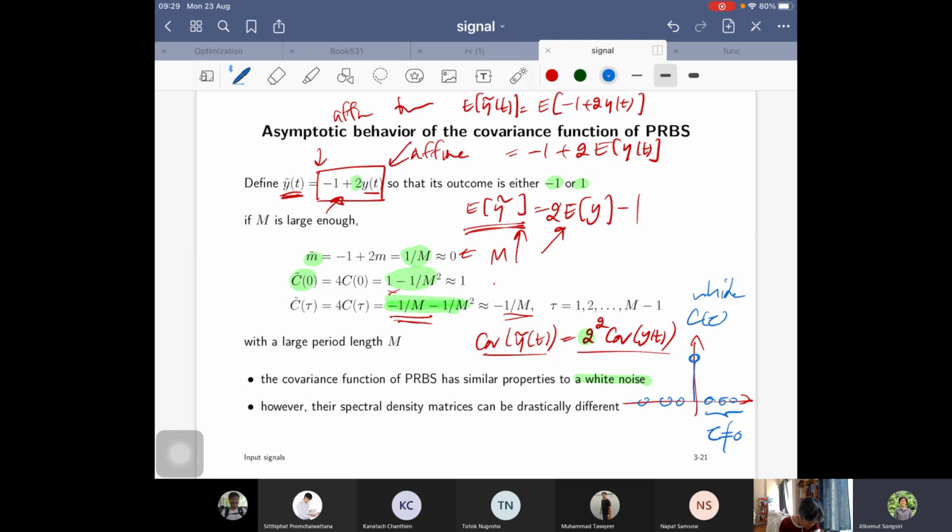For PRBS, of course, you see some tail that is non-zero, but this number is very small when m is large. So I think that is the very first characteristic that we derive in this video clip, that is the covariance function of PRBS.